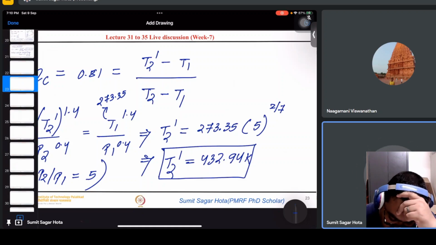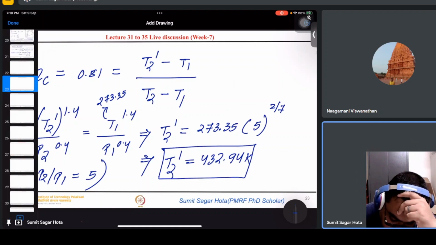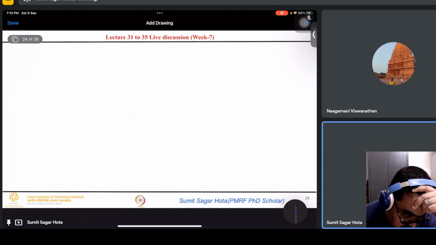Now if you have T2 dash, then put it in the isentropic efficiency and find out T2. So what is T2?